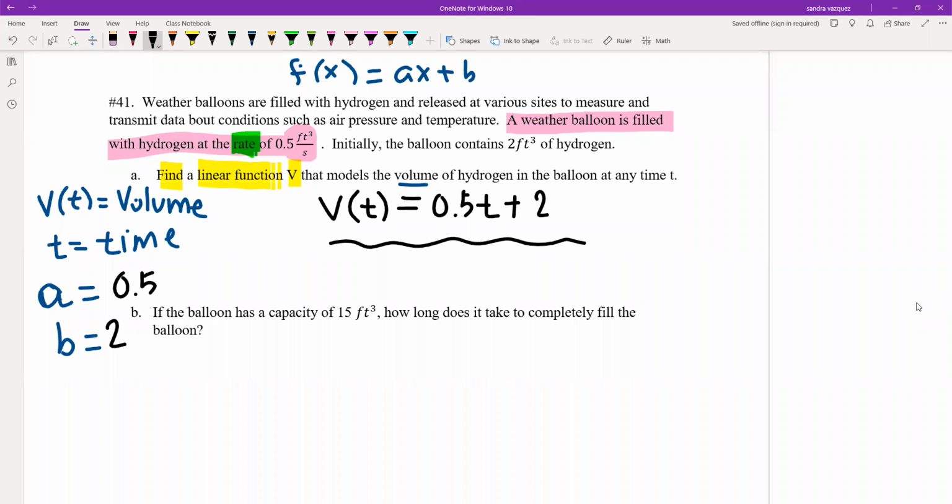The keyword here is how long does it take. That means we are looking for the time. So 15 has to be the V, because I'm going to plug it into this formula. So 15 equals 0.5t plus 2.